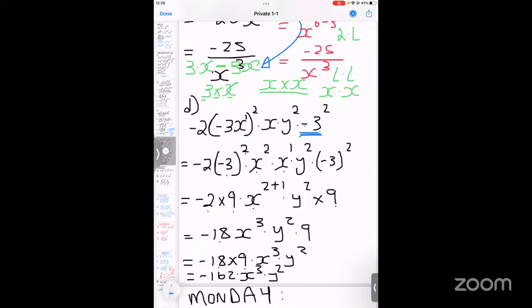So that negative is not included with that 3. Let's try to prove something. What does it give us on the calculator when we say negative 3 squared? Does it give us 9 or does it give us negative 9? If it gives us negative 9, it therefore means that if the negative is not inside the brackets, then we don't put it inside the brackets on our own. Do you understand what I'm trying to prove, Langelihle?